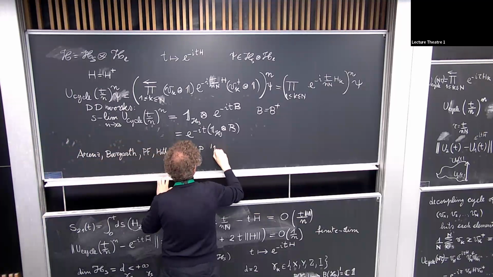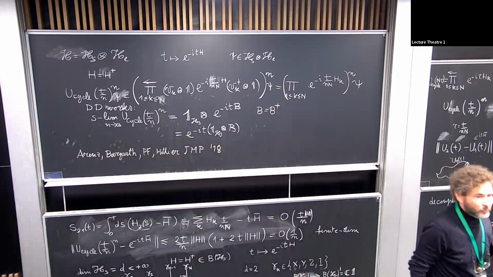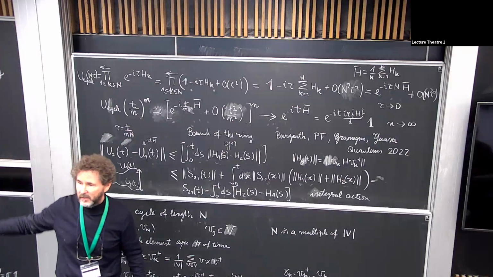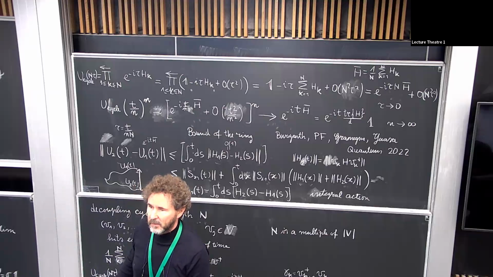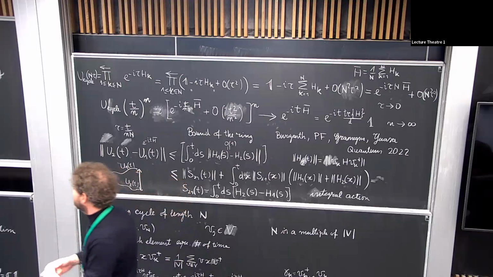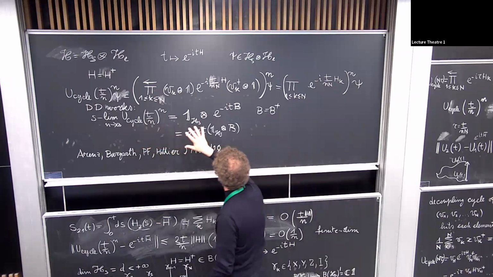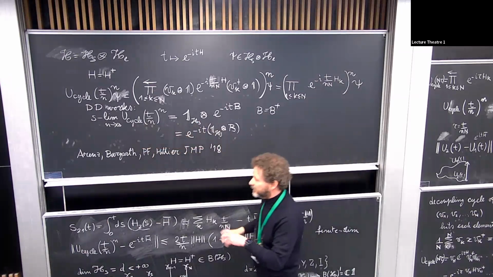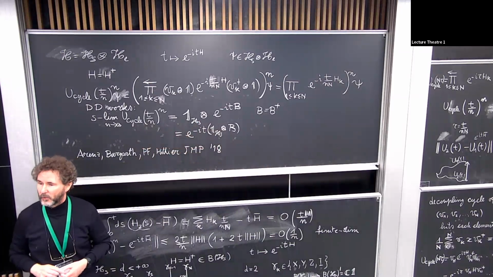But it is essentially an observation: you can state a sufficient condition for the existence of that limit. It's not difficult to see that under this sufficient condition, the limit is exactly this one. It's factorized. And the sufficient condition is just the sufficient condition of the Trotter product formula.